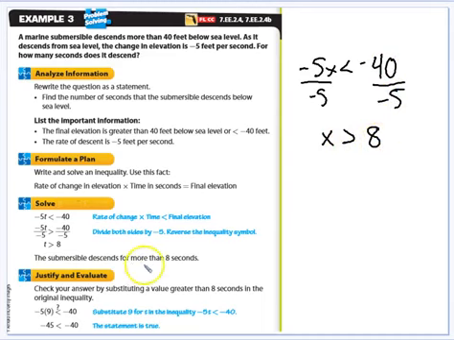The submersible descends for more than 8 seconds. Okay? It has to go farther than 40 feet. So if it's going to be negative 5 feet per second, it's going to take more than 8 seconds to get past the negative 40 feet. To get lower than 40 feet below sea level is going to take more than 8 seconds.